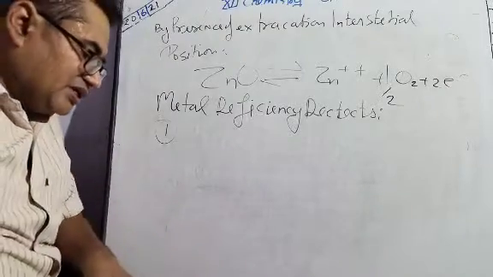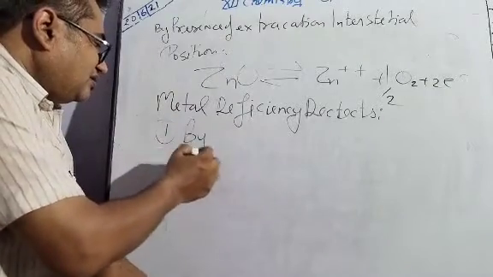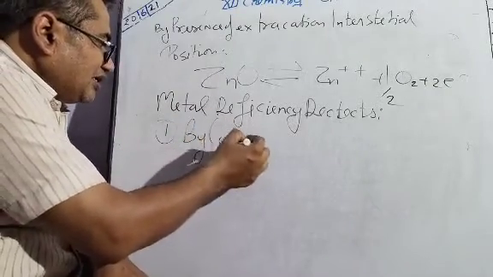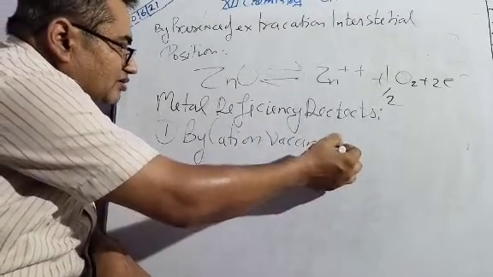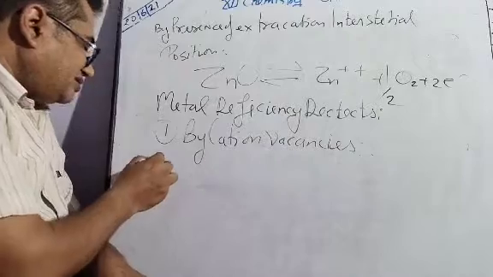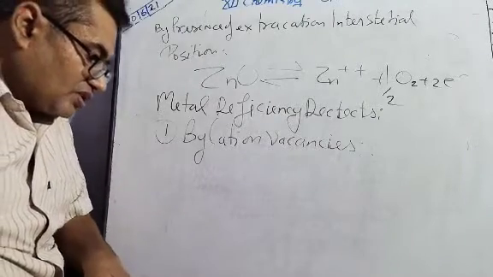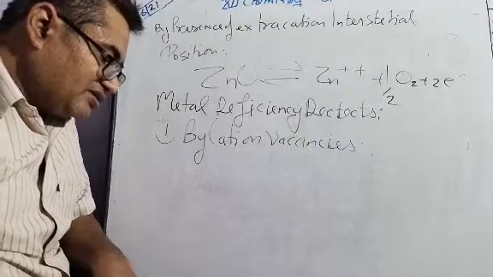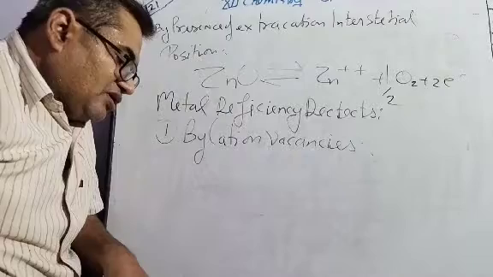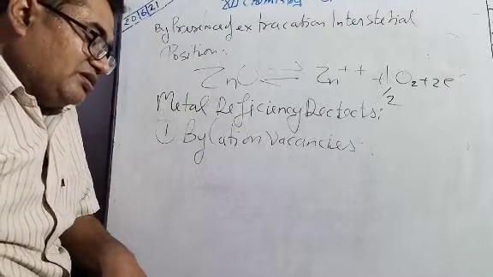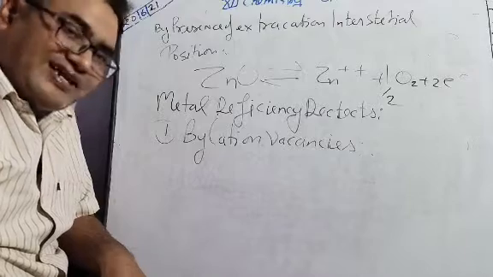We have to discuss cation vacancy briefly. This kind of defect is present in some crystals in which cations are missing from their lattice site.